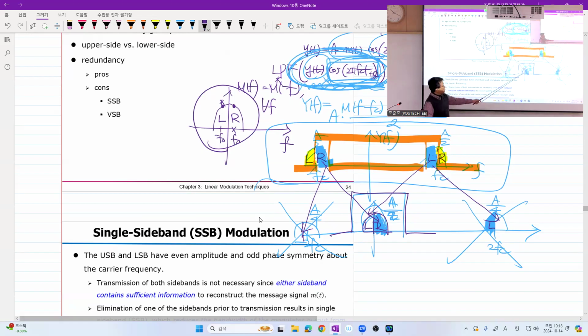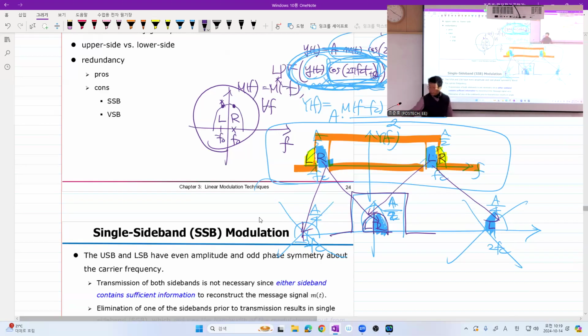Theoretically, you can still retrieve the original message signal with possibly some scaling. So what does this mean? Due to the conjugate symmetry or Hermitian symmetry, the double sideband family of modulation schemes wasted half of the bandwidth.